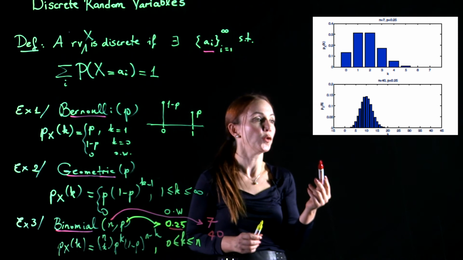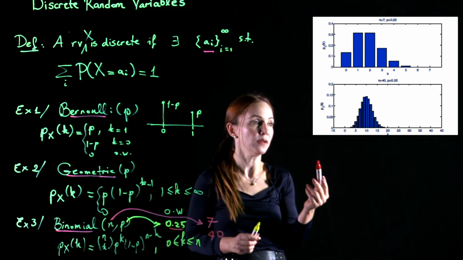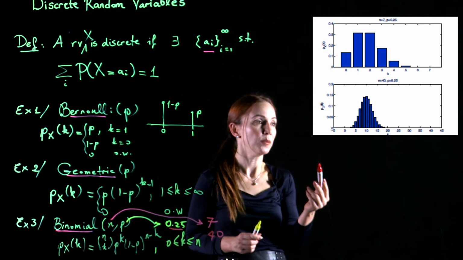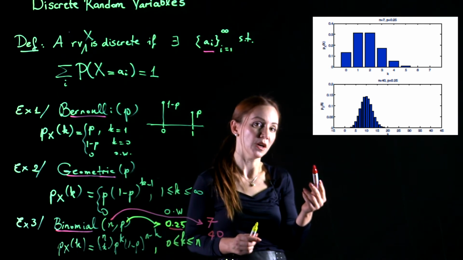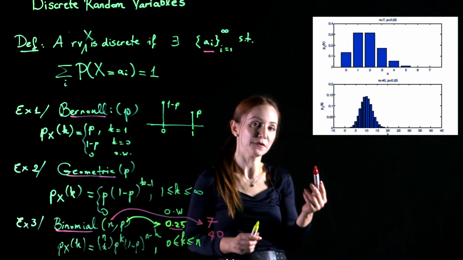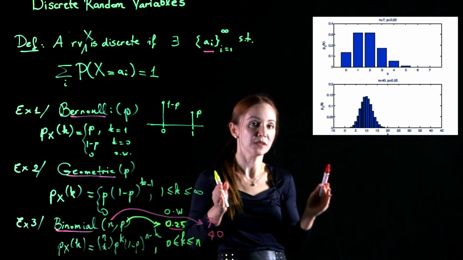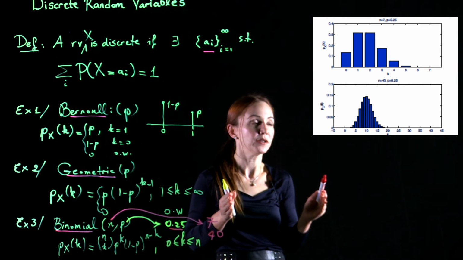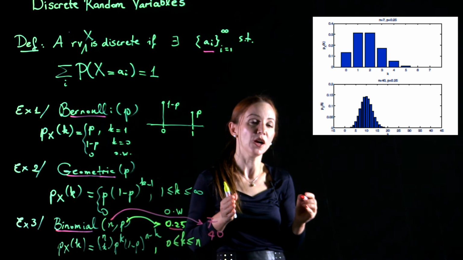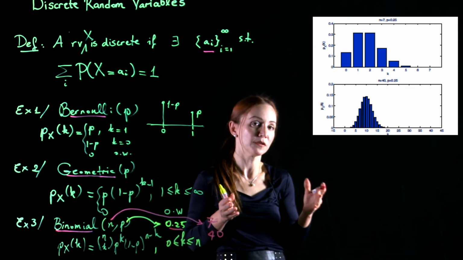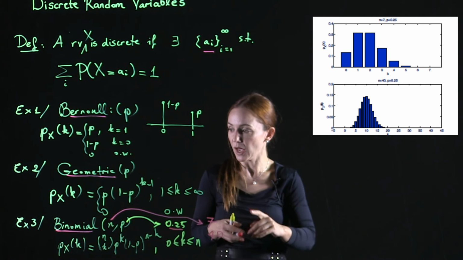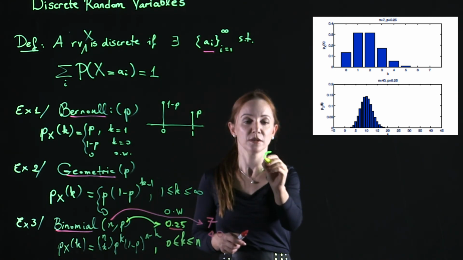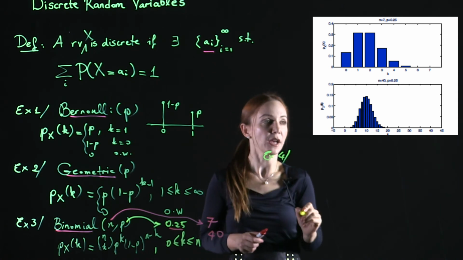There is a way to further smoothen this distribution, and in fact, there's a related discrete probability mass function which is not limited to a finite set, where the PMF takes values up to infinity. And that is the Poisson PMF. So let's write the PMF down.